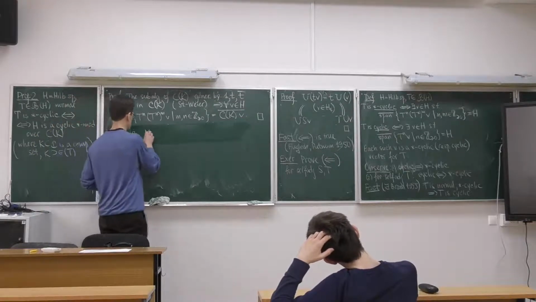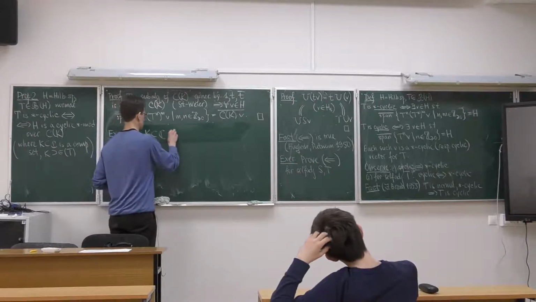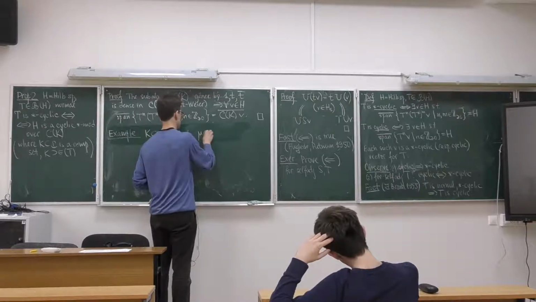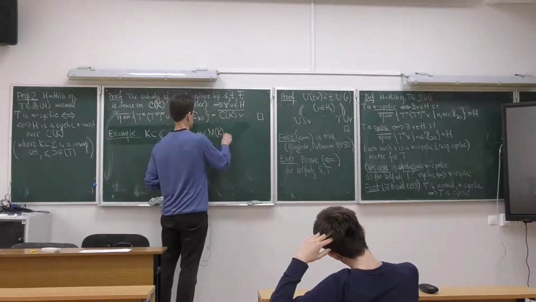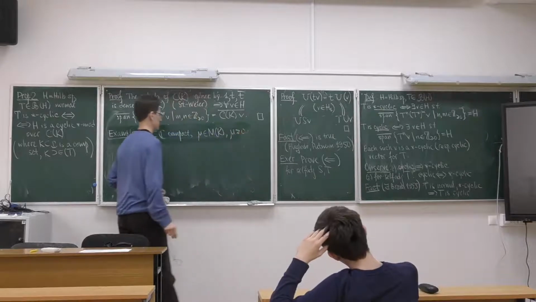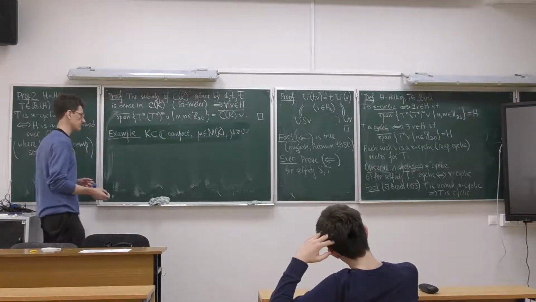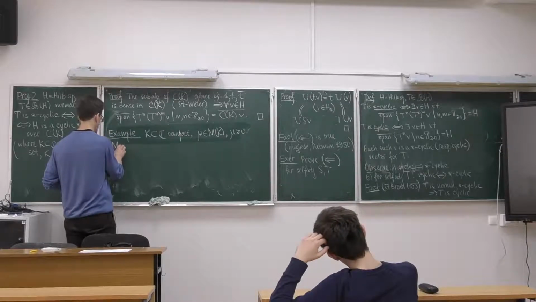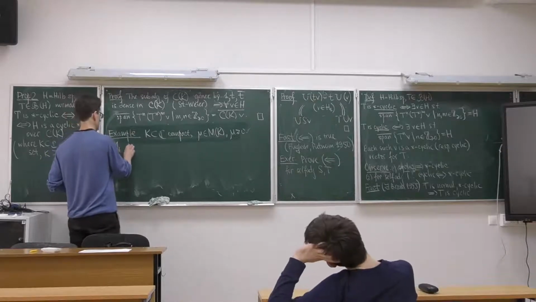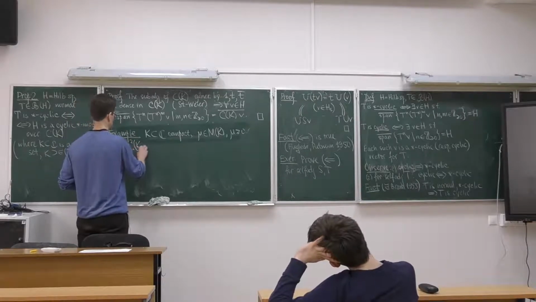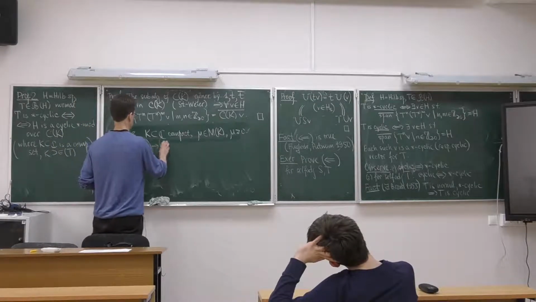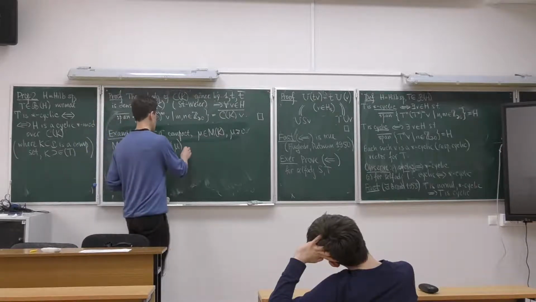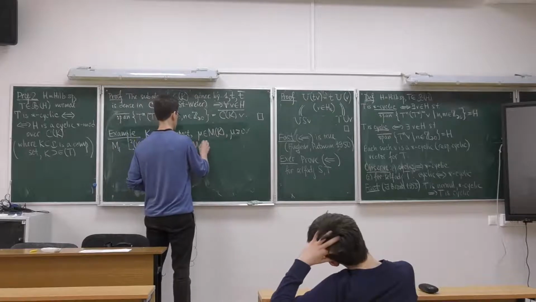So suppose that K is a compact subset of the complex plane, and mu is a positive Radon measure on K. And consider the following operator. I denote this operator by MT. It acts on the L2 space, and it acts as multiplication by the coordinate.